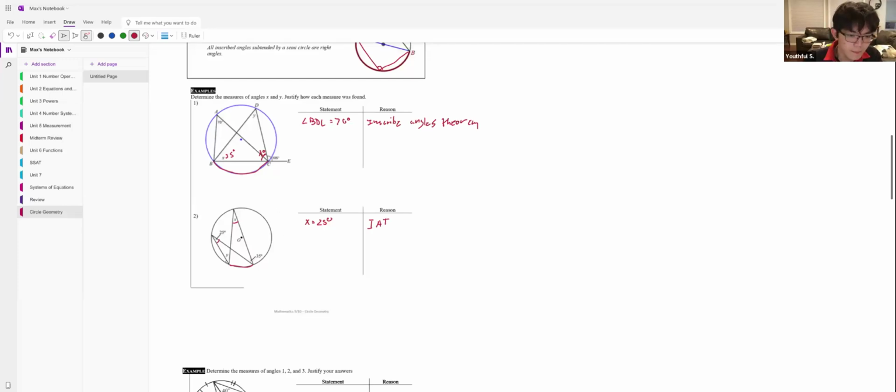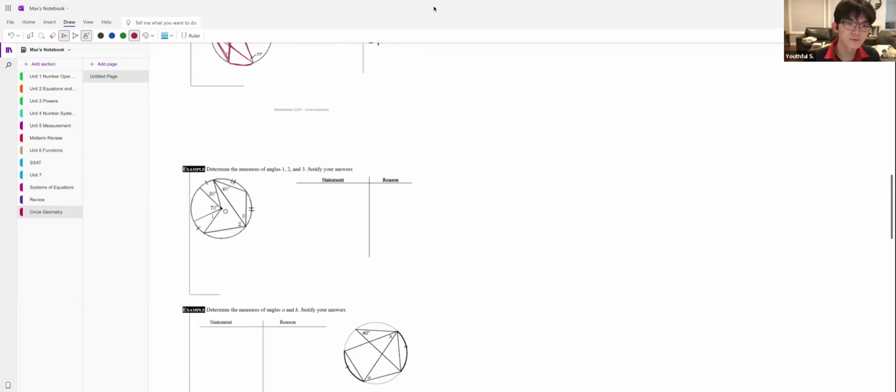And then you can solve for y, since we have here another arc that subtends this angle here and this angle here. So then since y and this angle are the same, y is also equal to 35 degrees, also by inscribed angles theorem. Any questions?